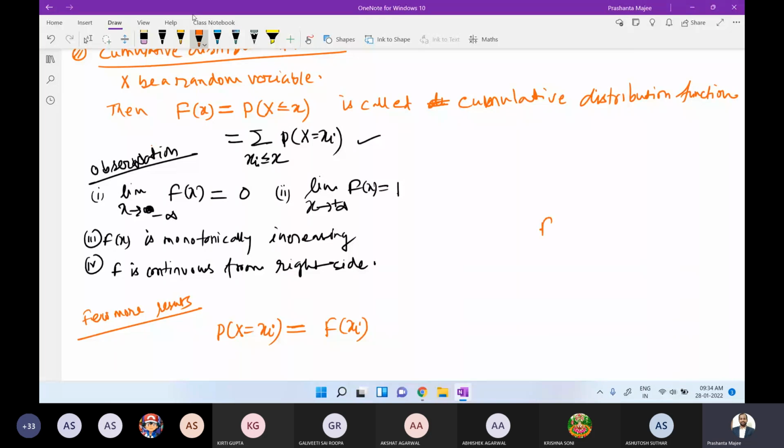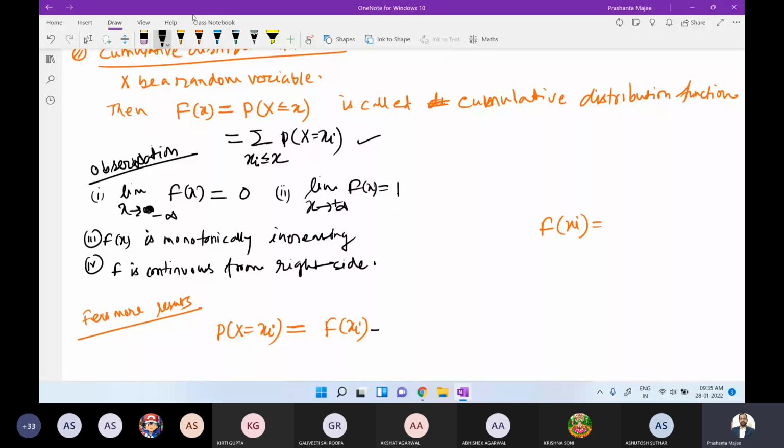So it will be F of xi. What is F of xi? F of xi is the sum of all the probabilities up to the point xi. So उससे हम लोगों को माइनस करने होंगे कि xi से थोड़ा पहले क्यूमुलेटिव डिस्ट्रीब्यूशन फंक्शन कितना वैल्यू एज्यूम किए थे.